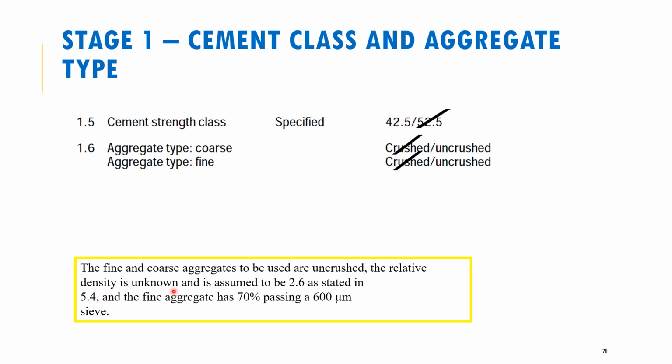So if you go back to the information that was provided earlier on by the client, you'll see that it's 42.5, and that's why I crossed out 52.5 on the form that you have to fill out. So make sure you cross out whatever figure that you don't need. So we're left with 42.5, which is the correct one. Now the aggregate type, both coarse and fine, was specified to be uncrushed, and that's why I crossed out crushed over here.